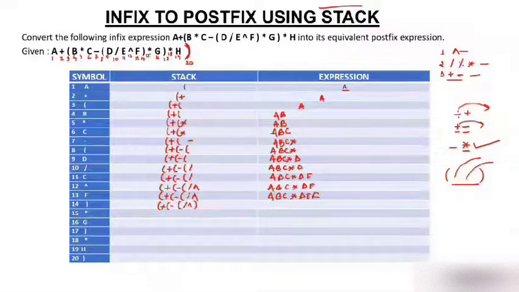That is, first the top element will come out and then the next element will come out, and discard these two brackets, remove these two brackets. So fine. What we have in expression is A, B, C star D, E, F. So first power will come out, power will come here, then divide will come out, divide will come here, and then we'll discard these two brackets. Fine. So this will happen.